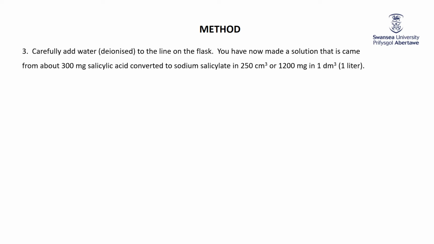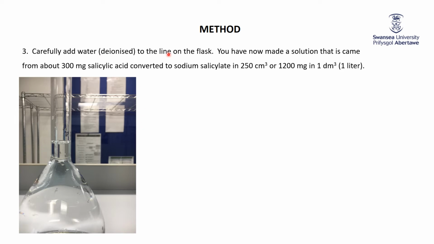So now we've got this in a 250 ml volumetric flask. We're going to add enough water up to the line on the flask. There's the line right there, if you can see it, and there's the water. So we've now made a solution that came from essentially 300 milligrams of salicylic acid converted to sodium salicylate in 250 cubic centimeters.